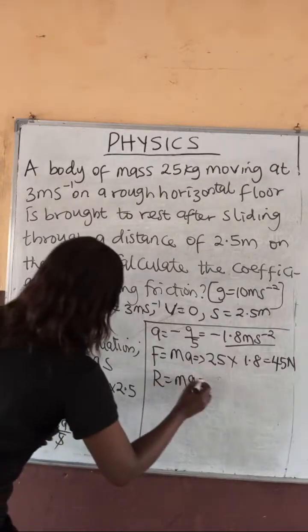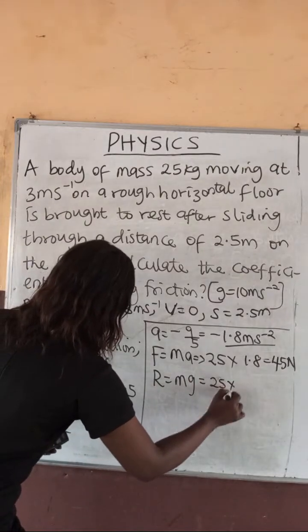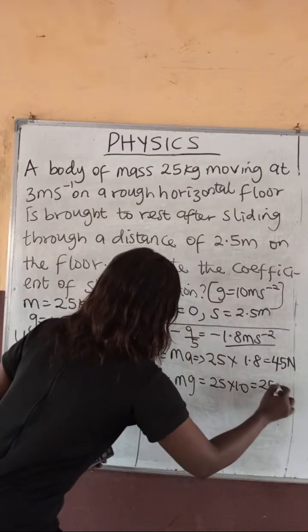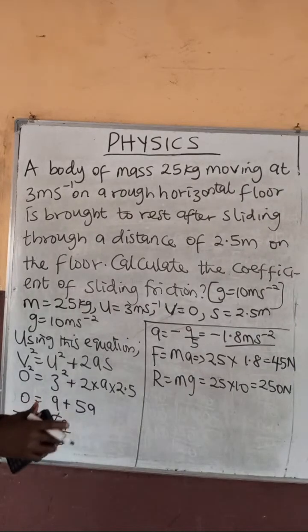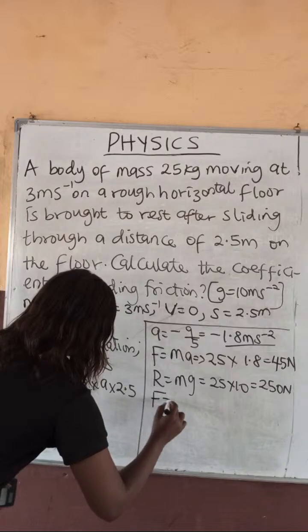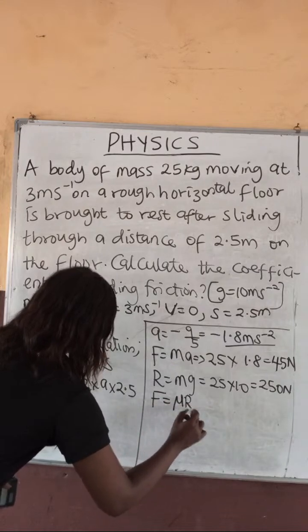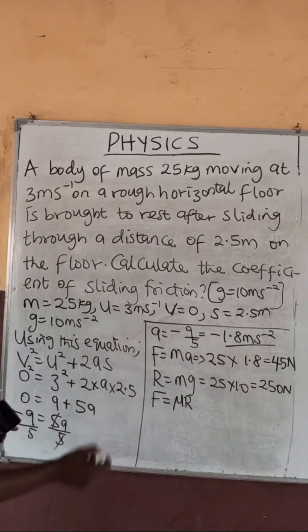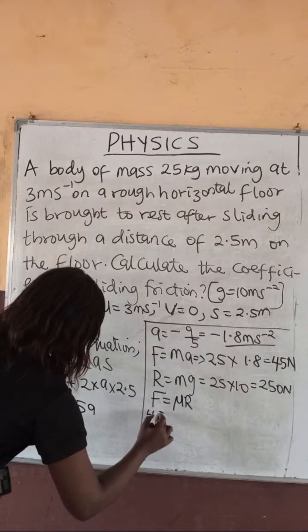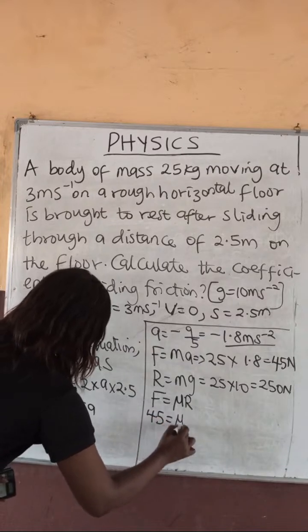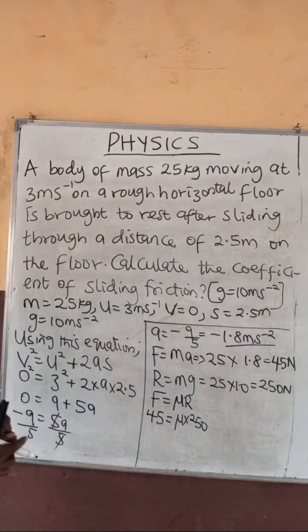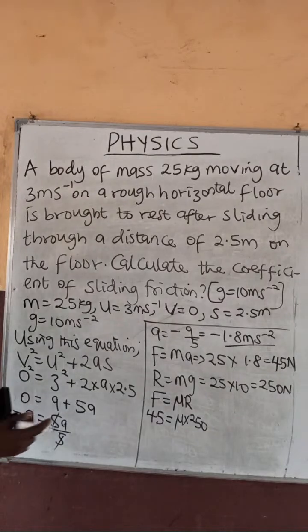That is 25 times 10, which gives me 250 Newton. Now, from the frictional force formula, F is equal to mu R. What's my force? My force is 45. 45 is equal to mu times 250. I divide both sides by the coefficient of mu, which is 250.